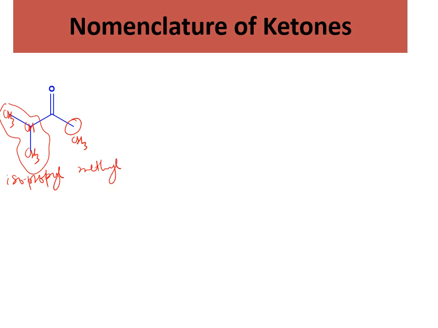When I want to give the common name, I will mention them, taking care of alphabetical order. Methyl comes first in alphabetical order, and P comes later. Accordingly, I call this molecule methyl isopropyl ketone. So that gives us the common name, methyl isopropyl ketone.